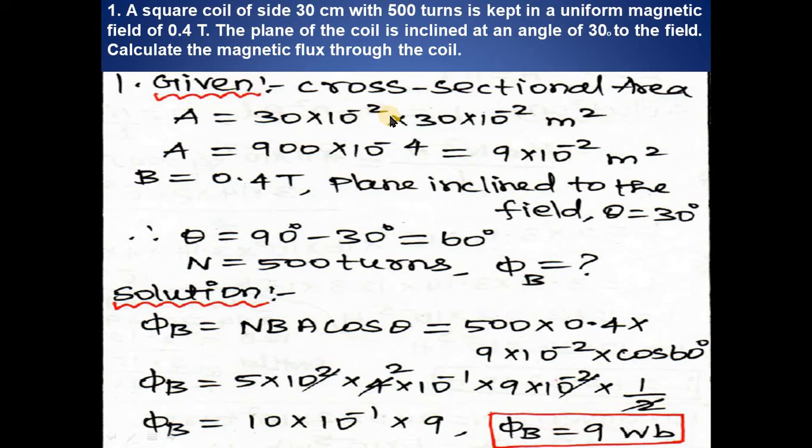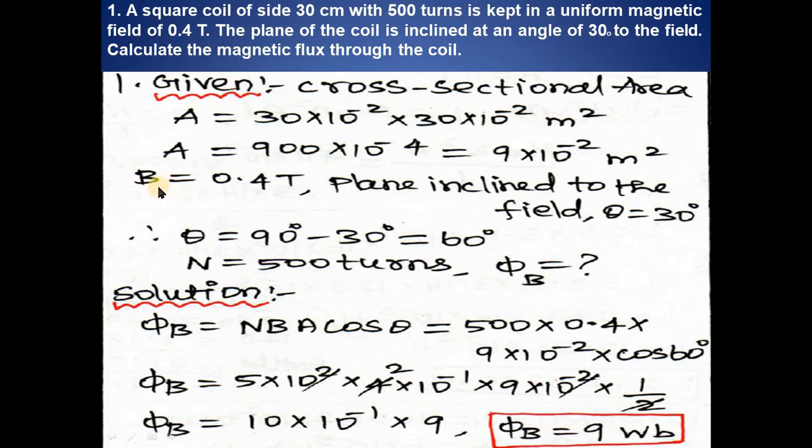So the area of the square means side into side: 30 into 30 into 10 power minus 2 into 10 power minus 2, that is 10 power minus 4. 30 into 30 is 900. 900 into 10 power minus 4 can be written as 9 into 10 square into 10 power minus 4, which is 9 into 10 power minus 2 meter square.